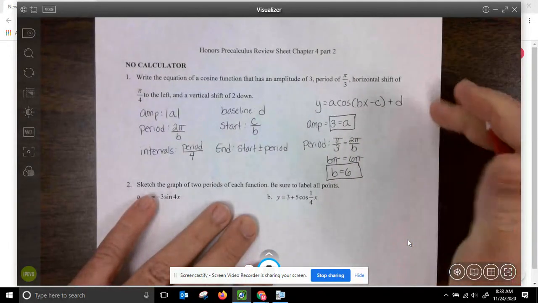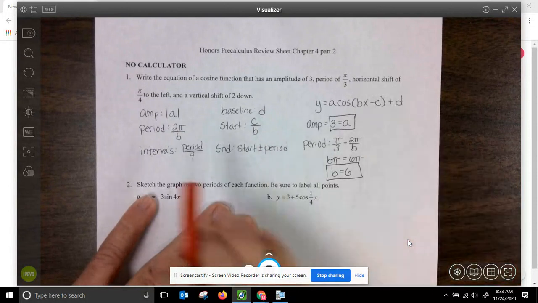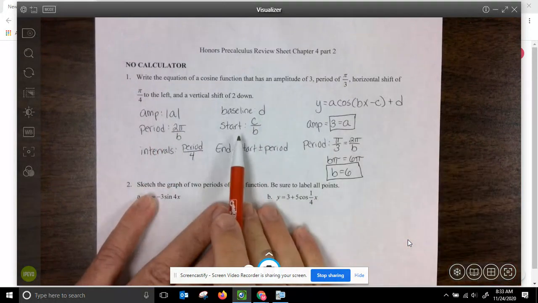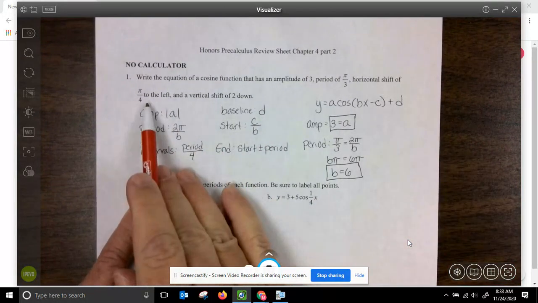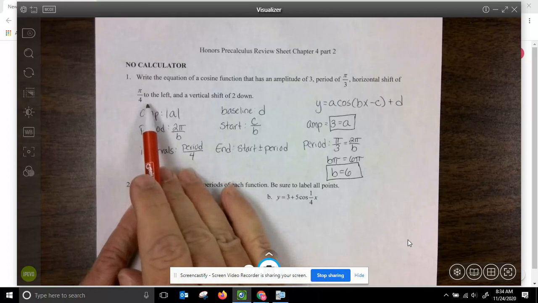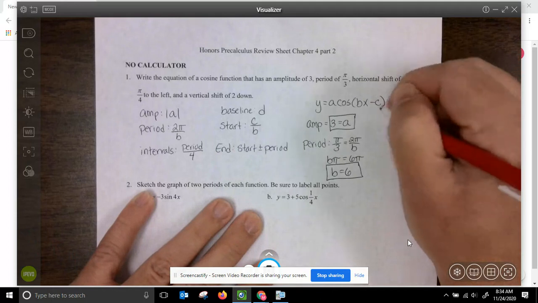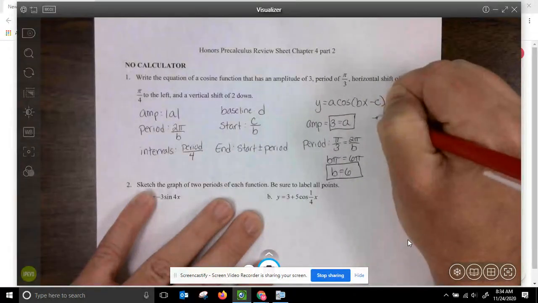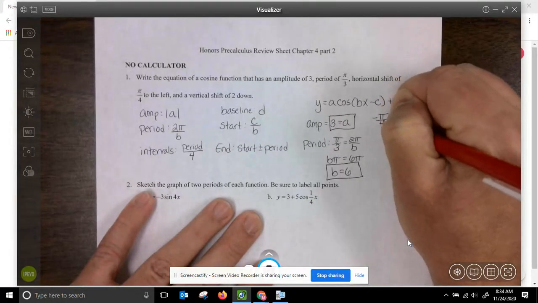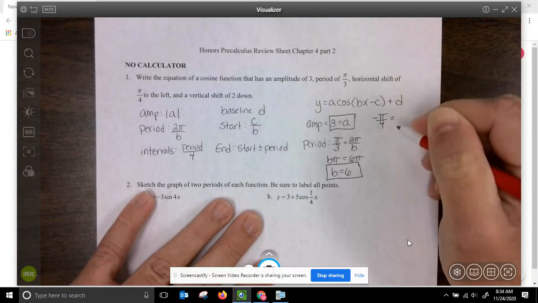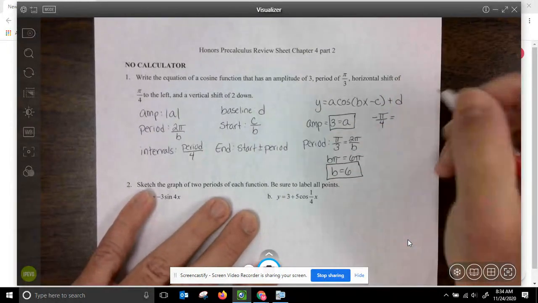All right, next, our horizontal shift of pi over 4 to the left, that's the same as my start. Now we do have to be careful here that it's to the left. To the left is the negative side. So our horizontal shift is essentially negative pi over 4, and that is going to equal c over b.